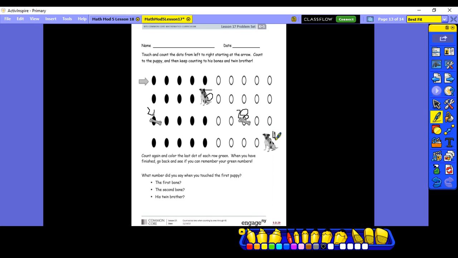We found that puppy's twin at 40 on our dot path. What number did we say when we got to the first puppy? 15. What number did we say when we got to the first bone? 21. The second bone? 28. And the twin brother puppy?